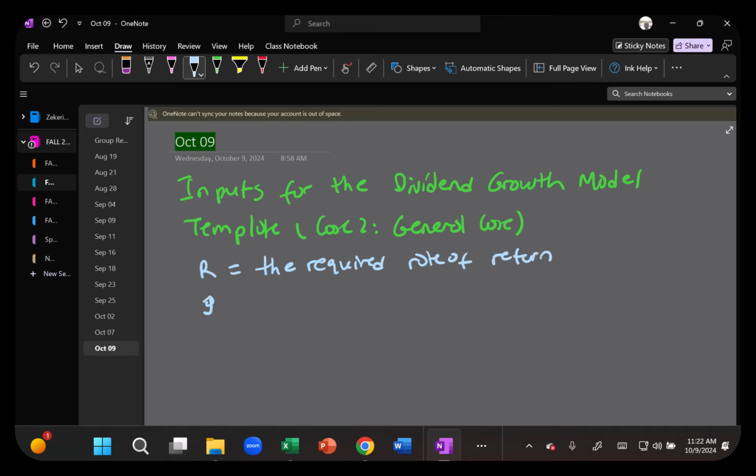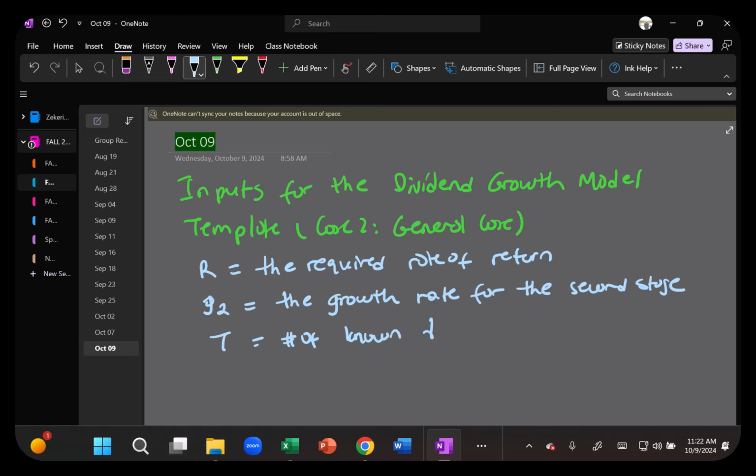I'm going to need to know G2, the growth rate for the second stage. I'm going to need to know T, number of known dividends in the first stage.